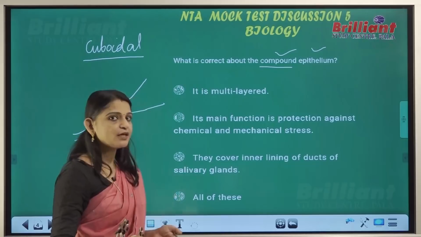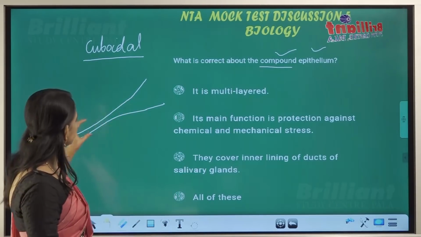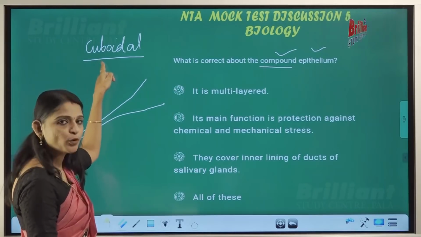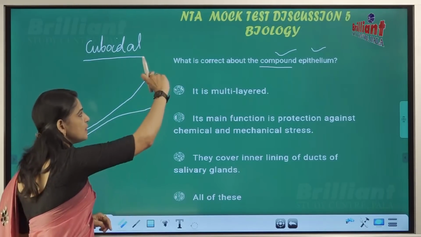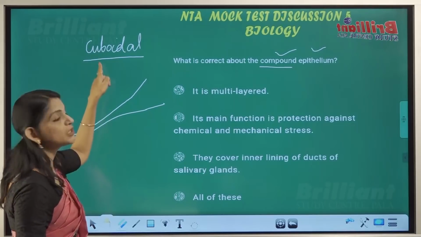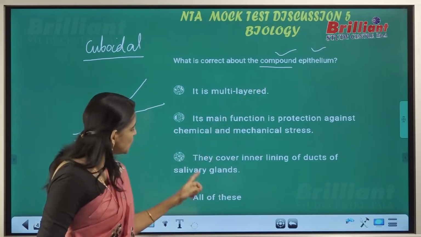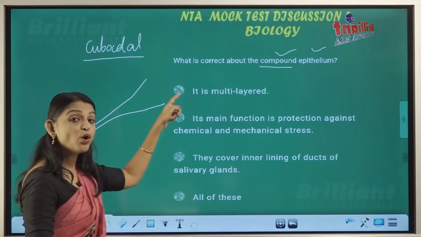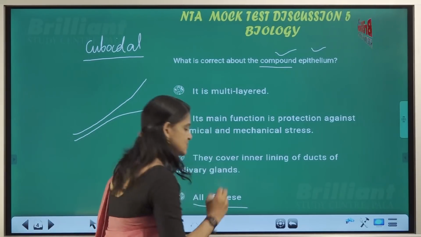So when you are learning about salivary gland, you might have learned that the inner lining is made up of cuboidal epithelium, but when you consider the salivary gland, the larger portion has both cuboidal and compound epithelium. So this statement is also correct. So from the given options, all statements are correct and we can choose the answer, all of these.